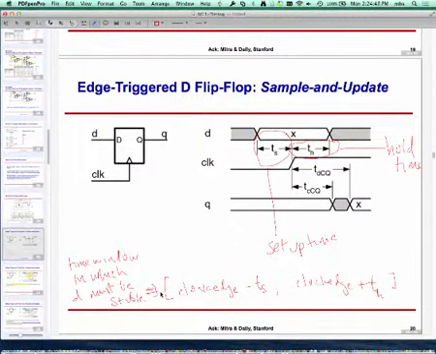So a flip-flop, through these two parameters, defines a window of time around the clock edge in which the input data should be stable.